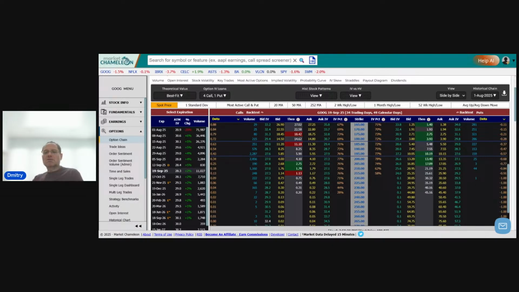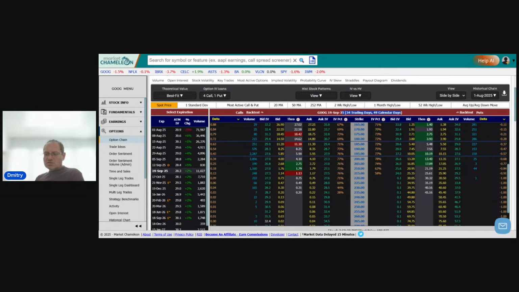to track, right? So let's say I'm looking at an option here, 34 trading days, 49 calendar days, and let's say an at-the-money option. So this one is a 28 implied volatility, like 28.3, 28.7, somewhere in between there. That's the implied vol.